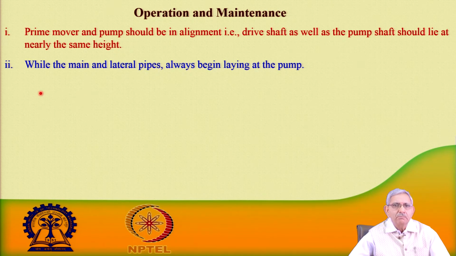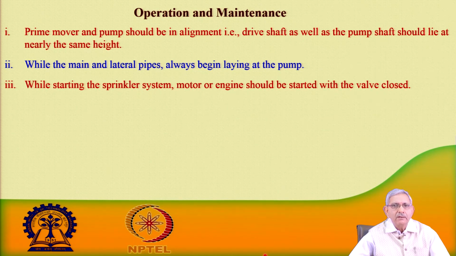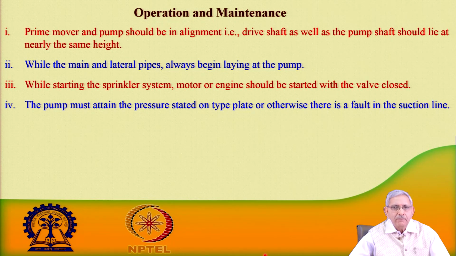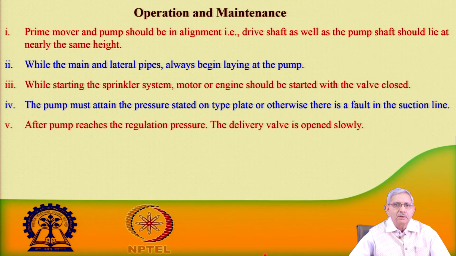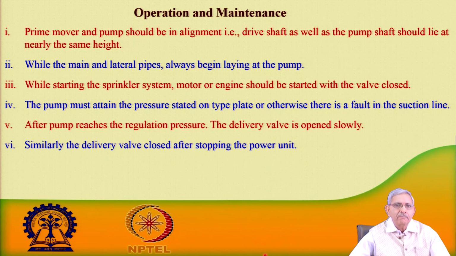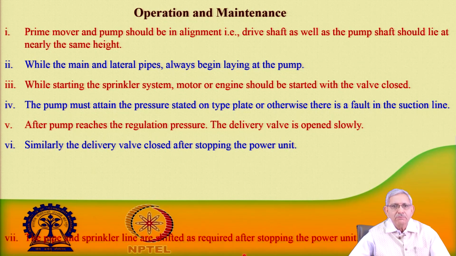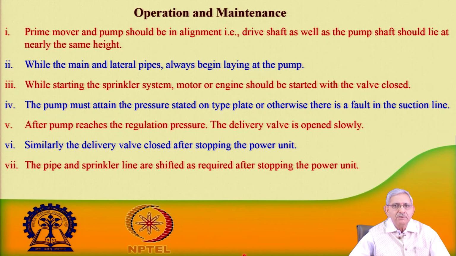Then the main and lateral pipeline always begin from the pump: first the pump, and then from the pump side we start by attaching the main pipeline, then with the main pipeline the lateral pipelines are attached, and then at appropriate locations the air release valves as well as the other valves are fitted. Different types of valves which are required at different places are fitted.